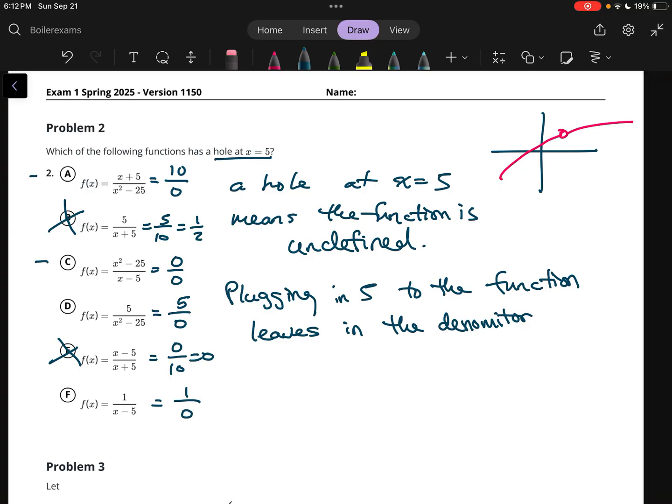So, we could either have a hole or an asymptote. I already plotted what a hole looks like. But an asymptote basically means that a function goes in the direction but never approaches that value.